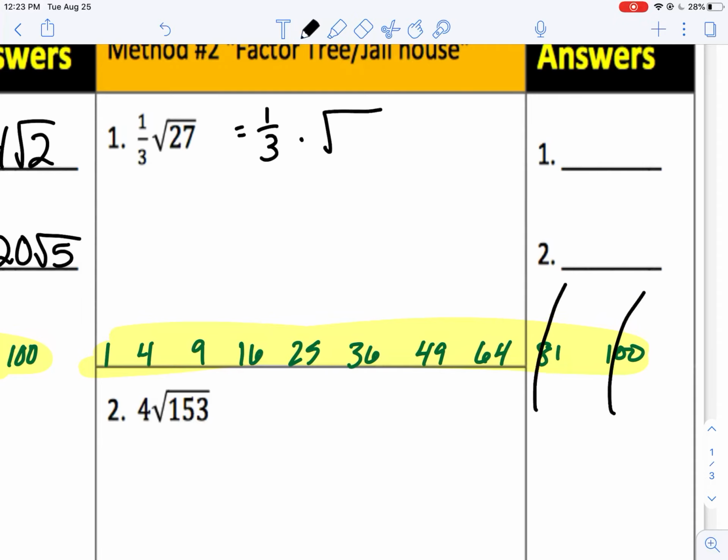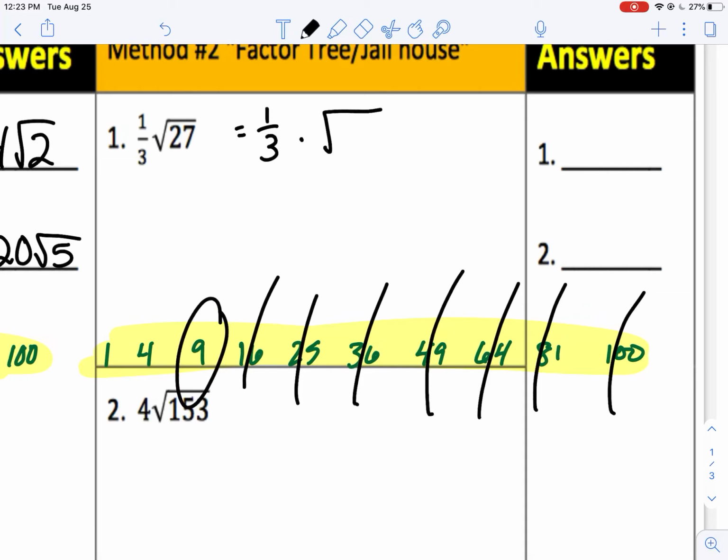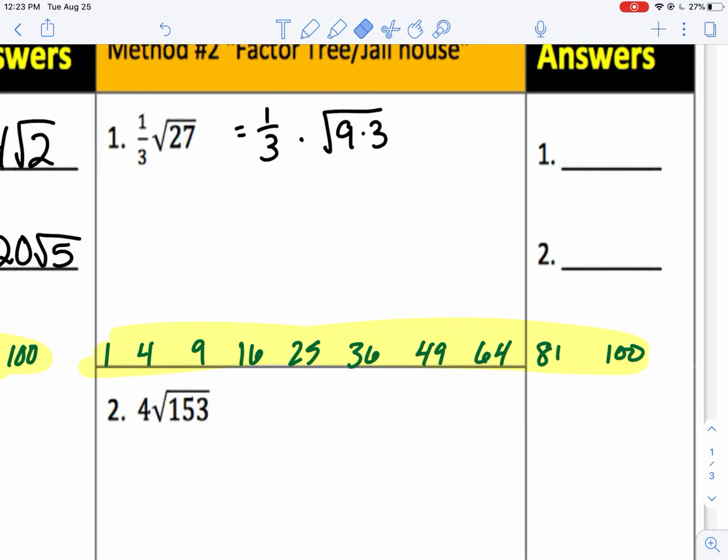That won't work. 81 doesn't work, 64 does not work, 49, 36, 25 don't work, 16 doesn't work, but 9 does. So I can rewrite this as 9 times 3 instead of 27, because 9 times 3 is 27. So I didn't change the value at all.